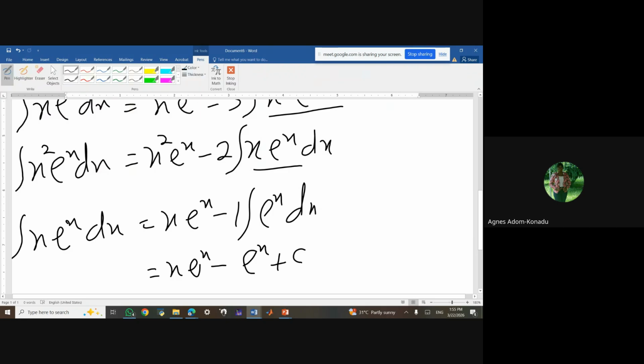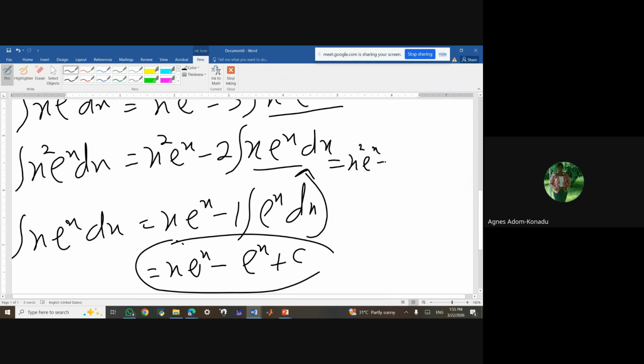So I'll start substituting this into this. So this will give me x to the power 2 e to the power x minus 2 into x e to the power x minus e to the power x plus c. So I will expand this.